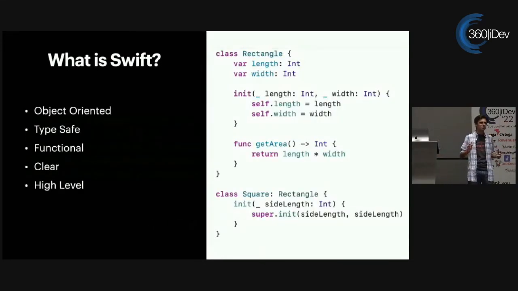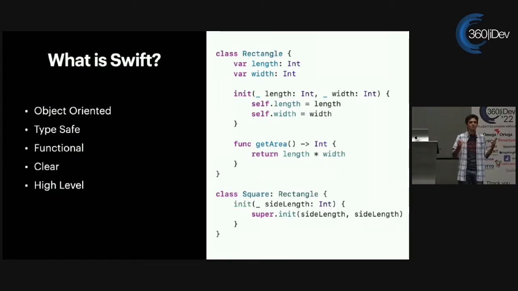Swift features just a couple of key characteristics that are going to make it different from other programming languages. So my definition of Swift is something that is object-oriented, type-safe, functional, clear, and high-level. Now, just as a little bit more detail into what each one of these means, object-oriented just means that we have classes, objects.